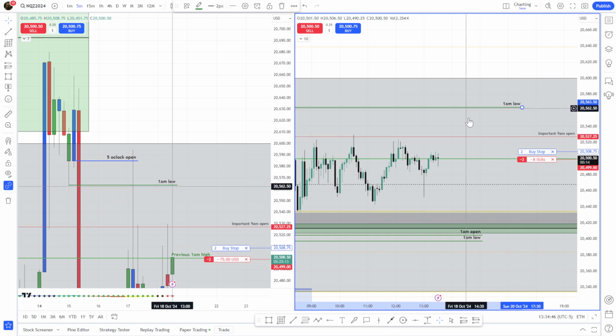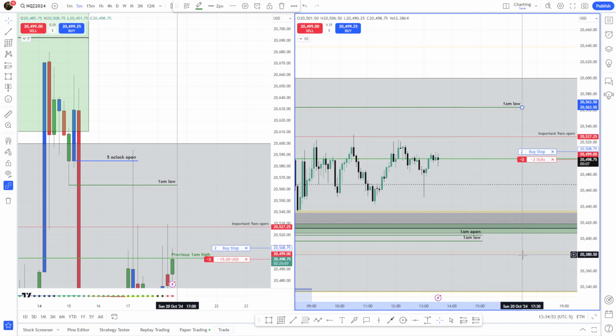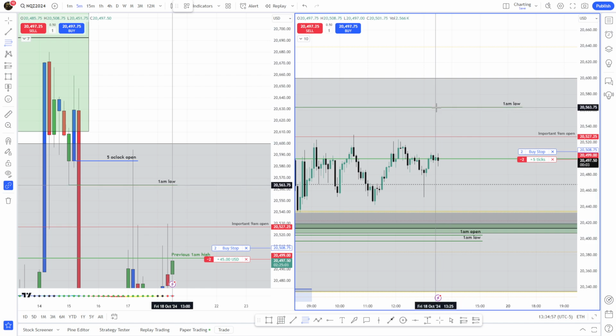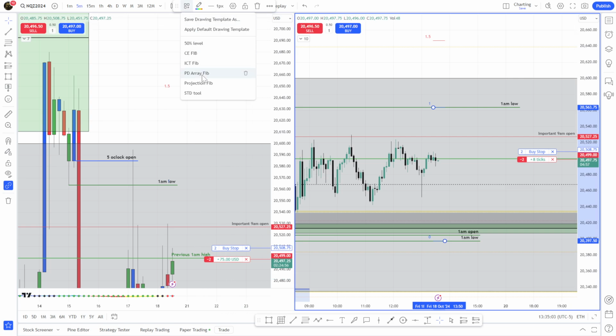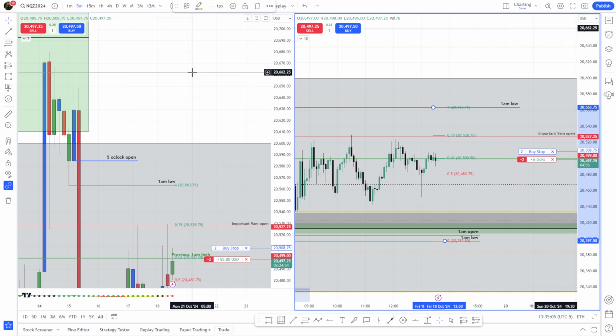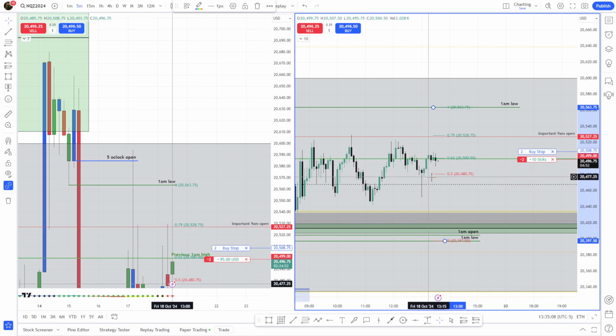And if you notice, we're kind of in the middle of two 1 o'clock targets. Okay, if I was to take this and go all the way from this low to this low, we're like hovering just above equilibrium.